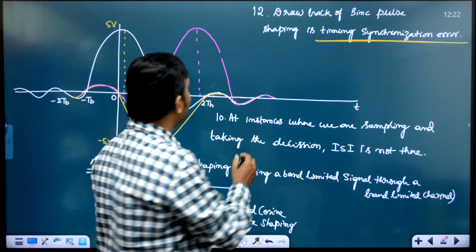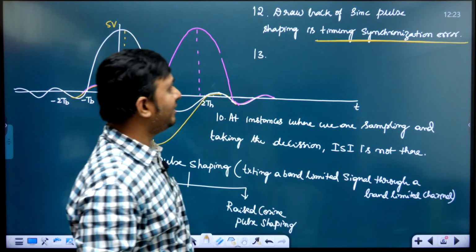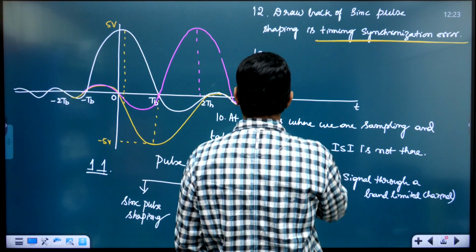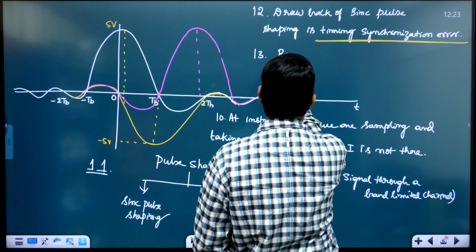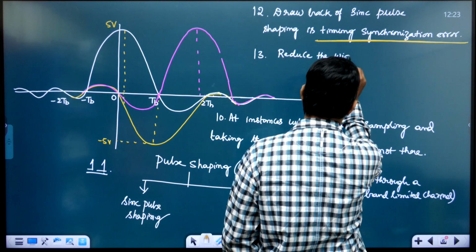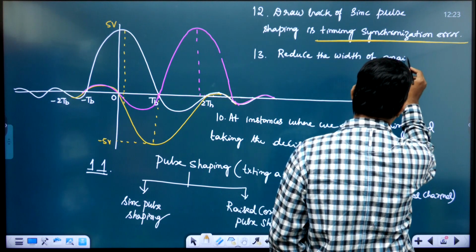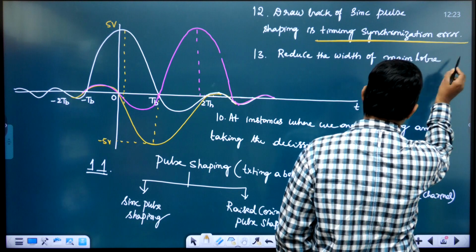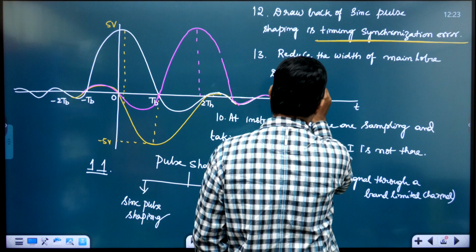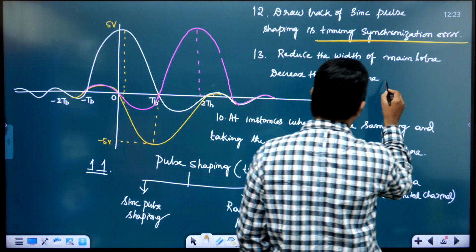So the remedy for timing synchronization error is, look here, in order to minimize timing synchronization error, what we must do is reduce the width of the main lobe, and decrease the side lobe amplitude.